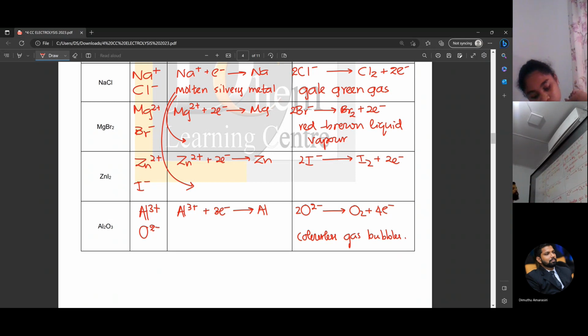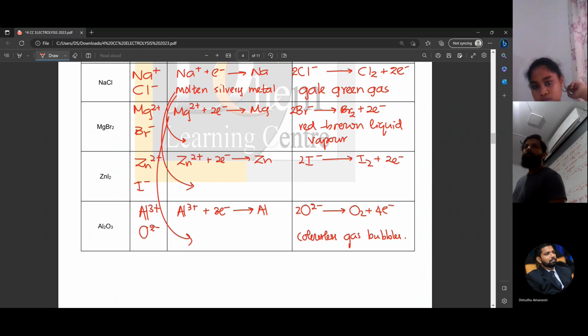And molten silvery metal again. Is it possible to bring liquid oxygen? Liquid oxygen, no. Because its temperature is minus 200, your tongue will get frozen and broken.